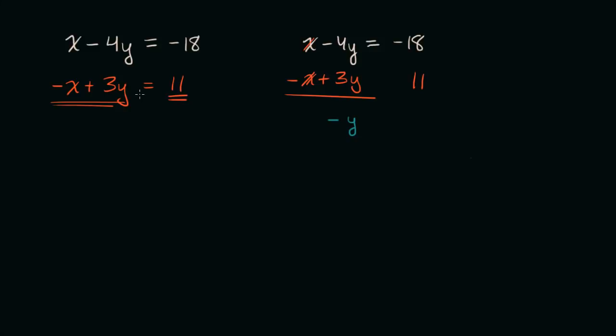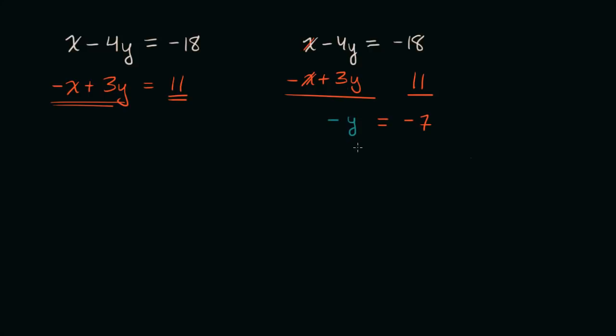But the second equation tells us that negative x plus 3y is equal to 11. It's introducing that second constraint. So let's add 11 to the right-hand side. Negative 18 plus 11 is negative 7. And since we added the same thing to both sides, the equality still holds. And we get negative y is equal to negative 7.